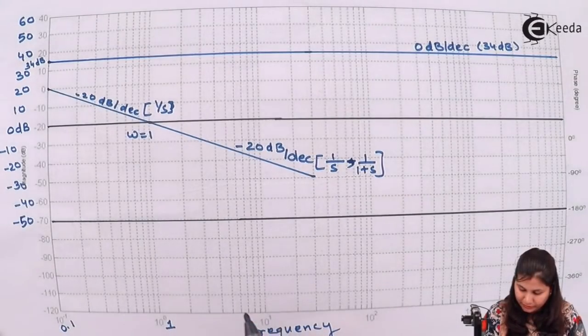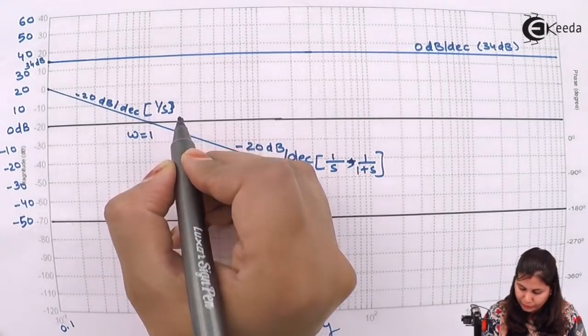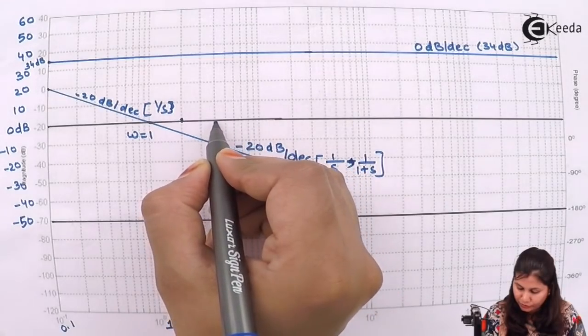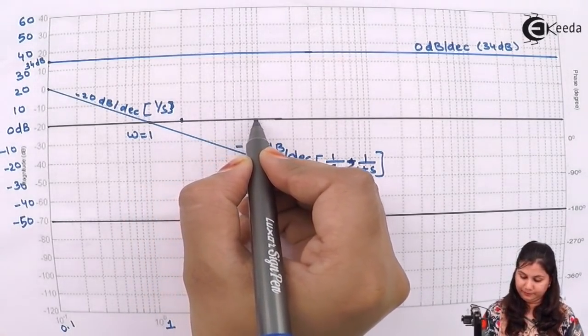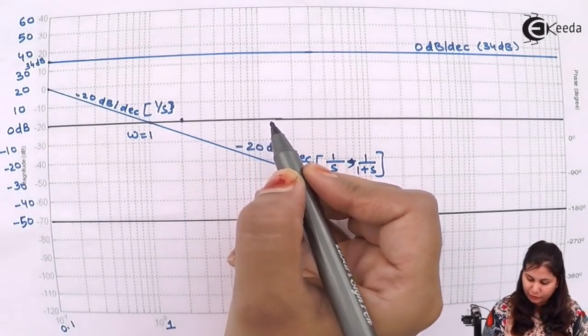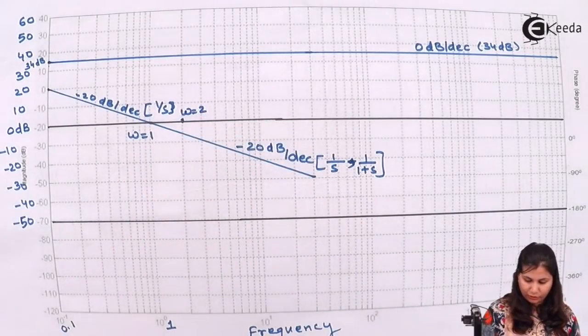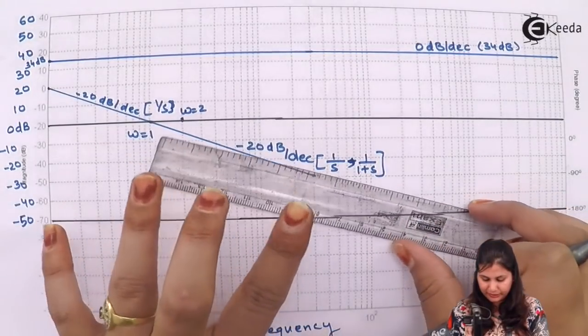So 2 will be here, this square. 1, 2, 3, 4, 5, just like this. 2, 3, 4, 5, 6, 7, 8, 9, 10. So this will be omega equals to 2. So from here we are going to draw a line having a slope minus 20 dBs per decade.